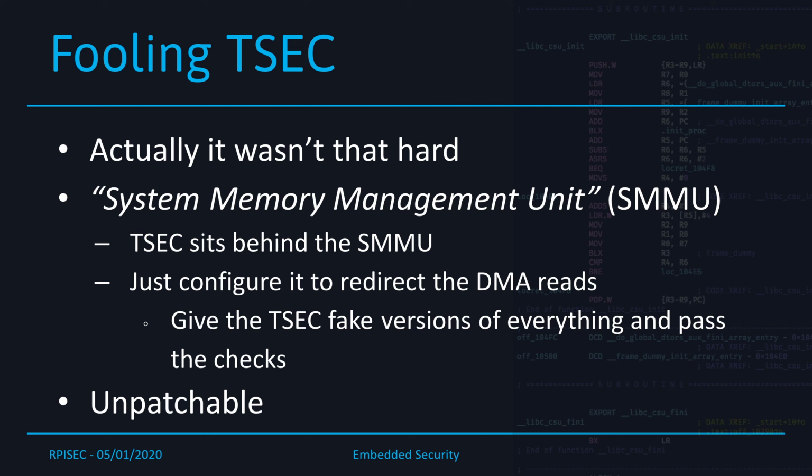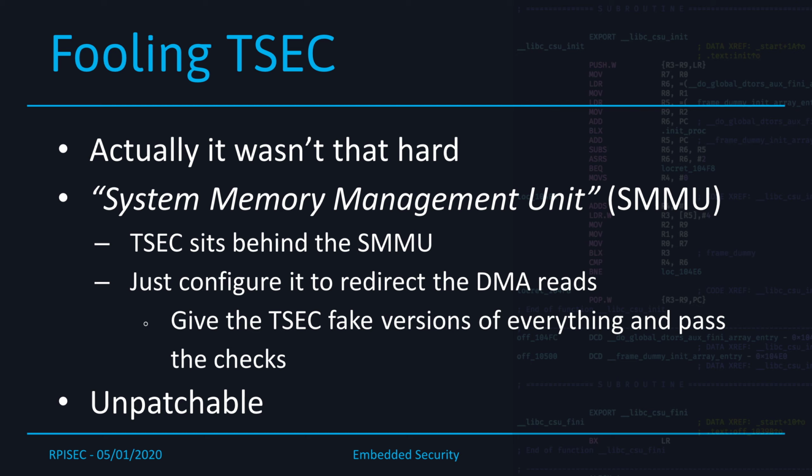In this case, the TSEC sits behind the SMMU, and you can just configure it to map the memory that the TSEC will be checking to somewhere else, and say, actually that address does not point to my bootloader, it points over here in memory, and then just write a fake bootloader there that is the real Nintendo one that isn't actually executing. So you give the TSEC fake versions of everything, and then you pass the checks.